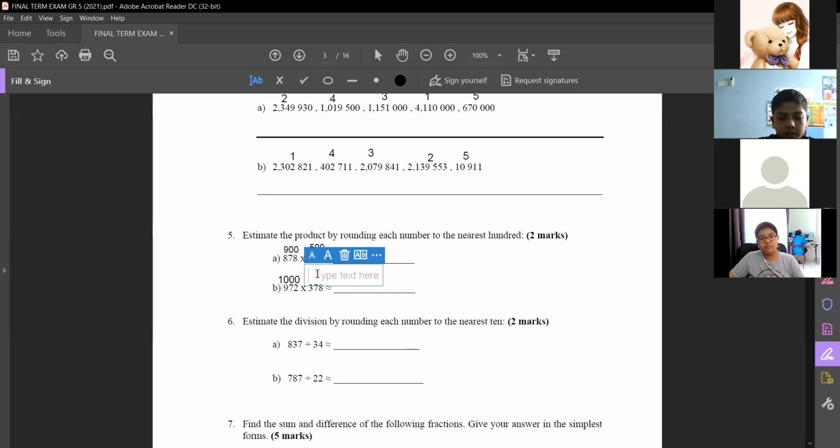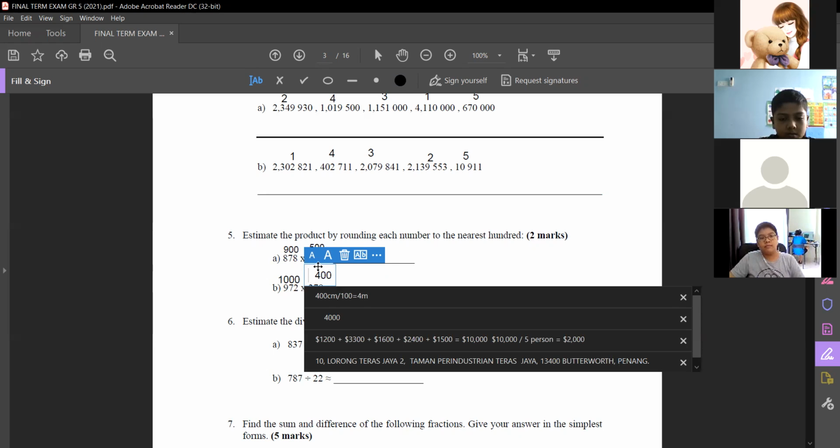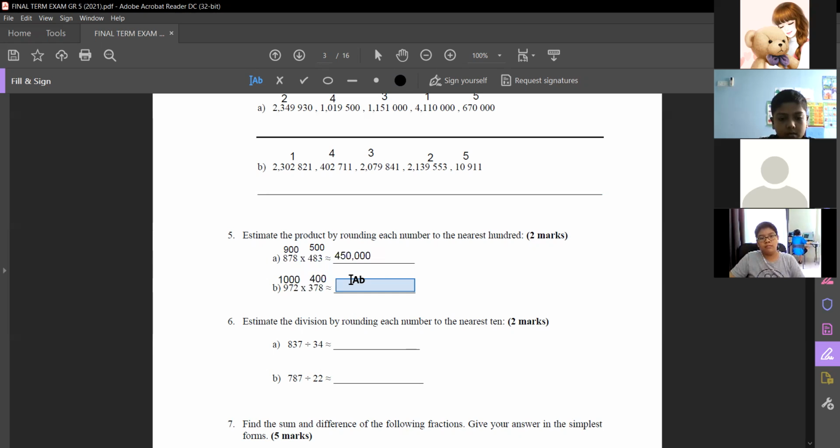It becomes 400. Okay. So 1000 multiplied by 400 is equal to 400,000. This is your correct answer. This is the only correct answer. Understand or not, class?